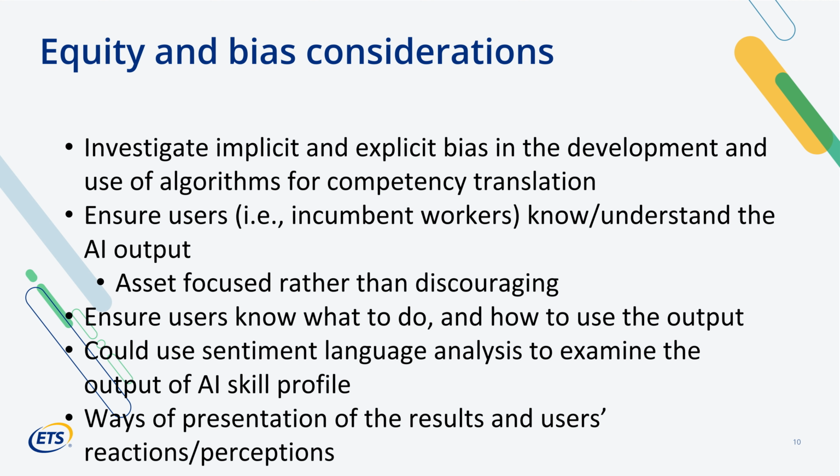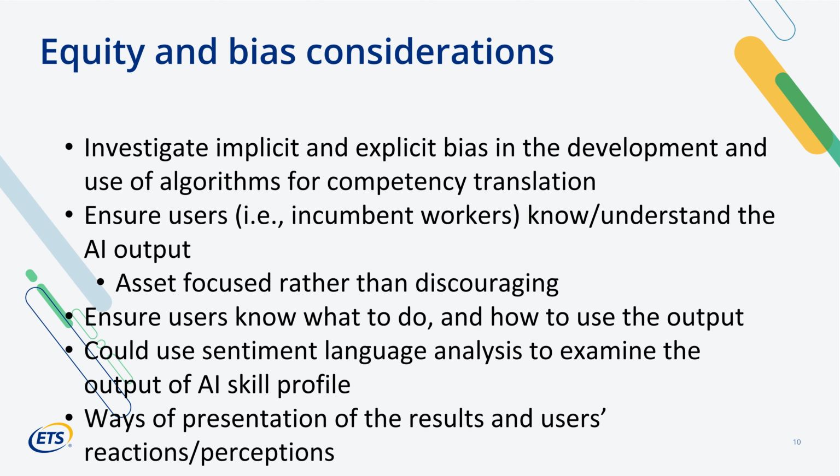In terms of the equity and bias considerations, there have been many discussions in the industry about the possible unintended consequences of using AI. From our use case, we mainly try to investigate the implicit and explicit bias in terms of the development and use of algorithms for competence translation here.